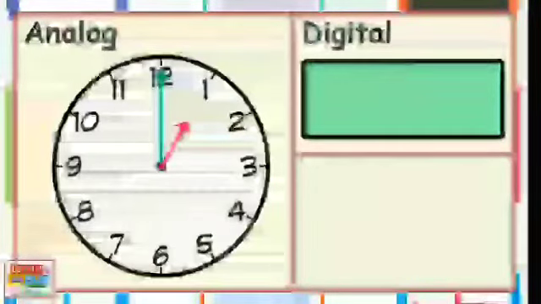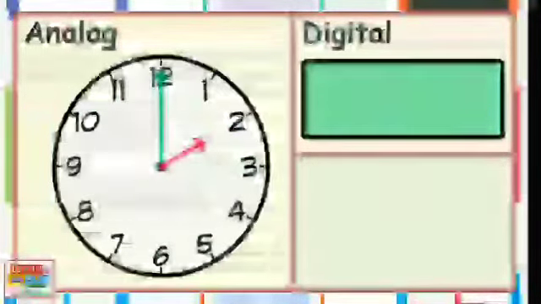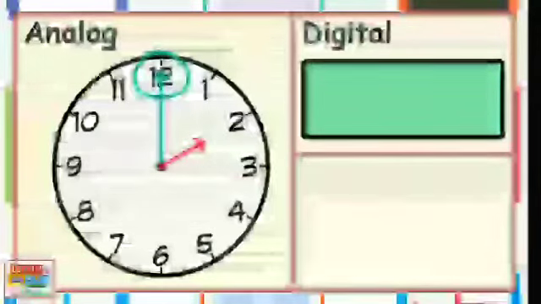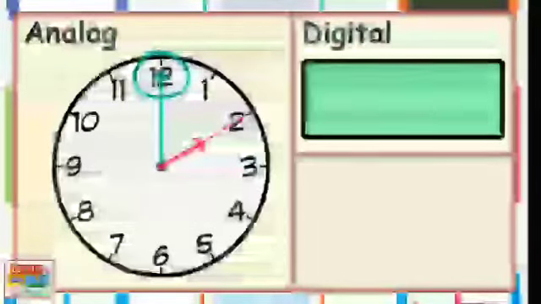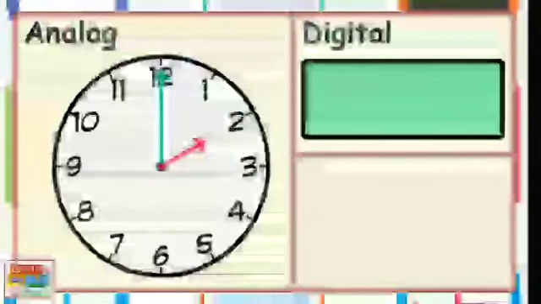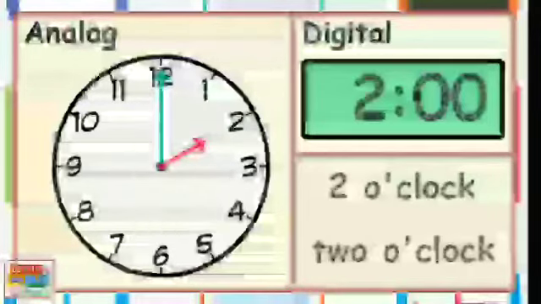Let's watch the clock fast forward another 60 minutes. What time is it? It is 2 o'clock.